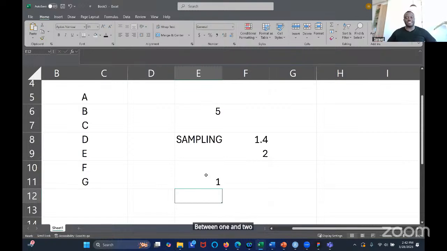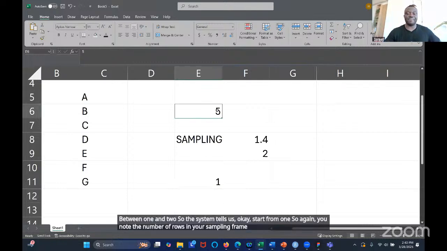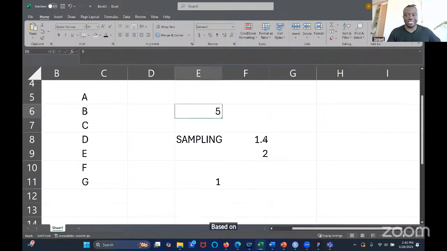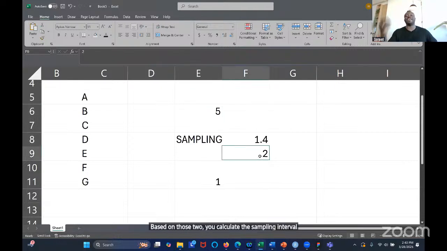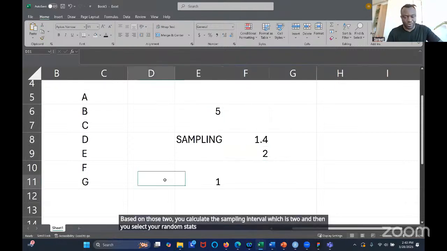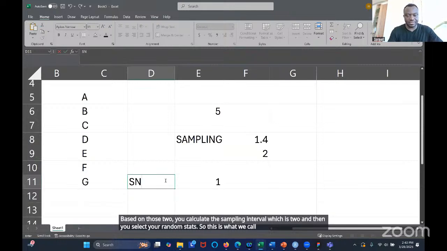So the system tells us, okay, start from 1. So again, you note the number of rows in your sampling frame, and then you determine the number of people you want to sample, right? Based on those 2, you calculate the sampling interval, which is 2, and then you select your random start. So this is what we call our random start.